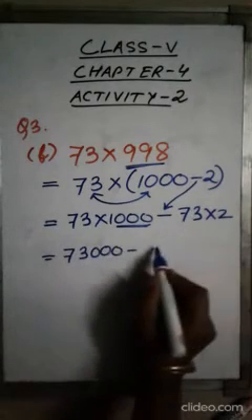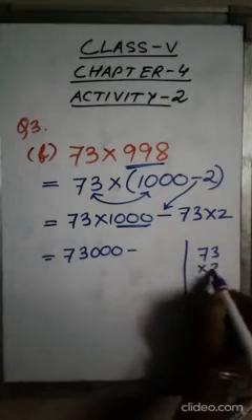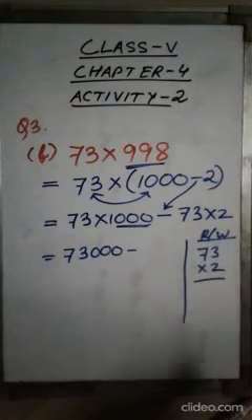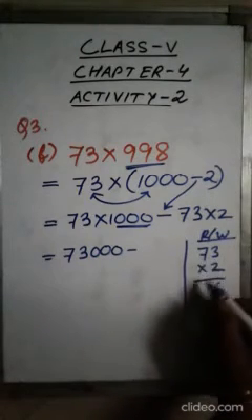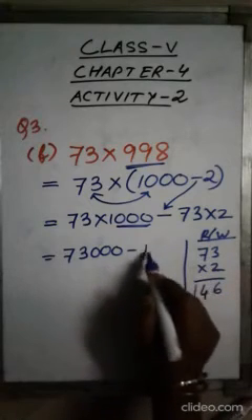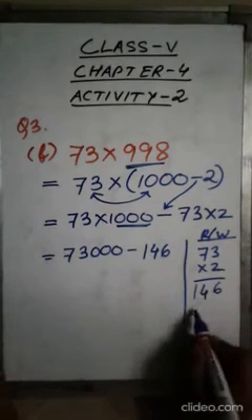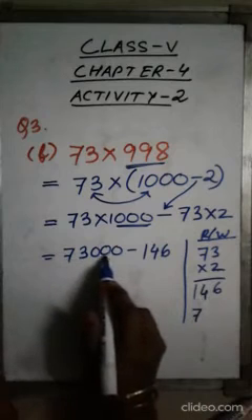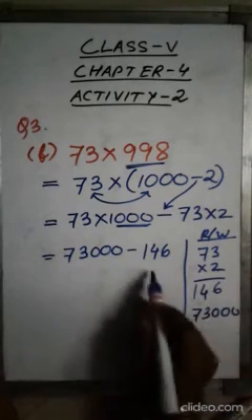Minus 73 into 2 is how much? 73 into 2 you have to do as I am doing in the rough work. 2 into 3 is 6. 2 into 7 is 14. 146. So now you have to subtract 146 from 73000.